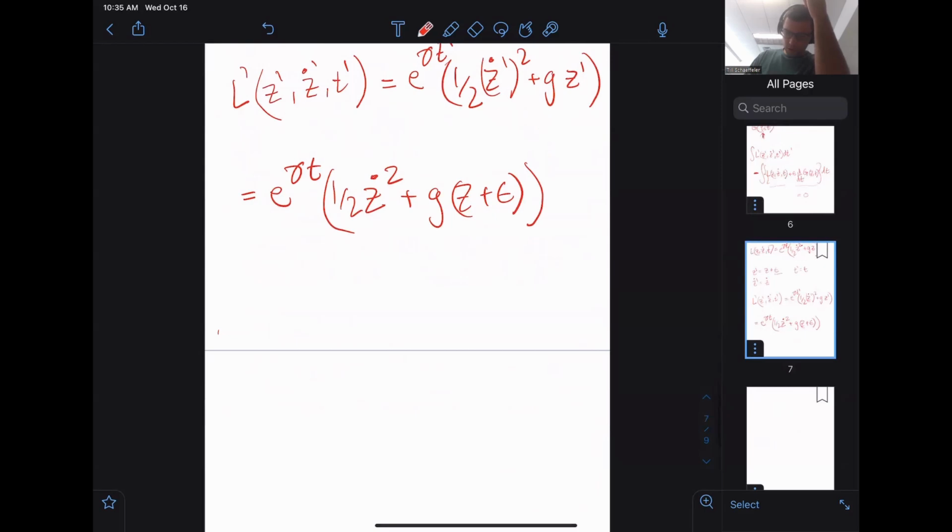So first the integral over the prime Lagrangian minus the integral of the original Lagrangian.